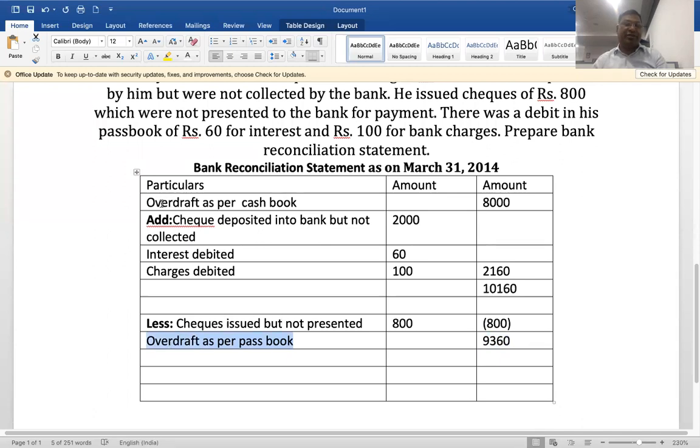When you start with the cash book overdraft, you have to end with the balance as per passbook. It can be overdraft in most cases. It can be favorable balance in some exceptional cases. Is that clear? Yes, sir. Okay.